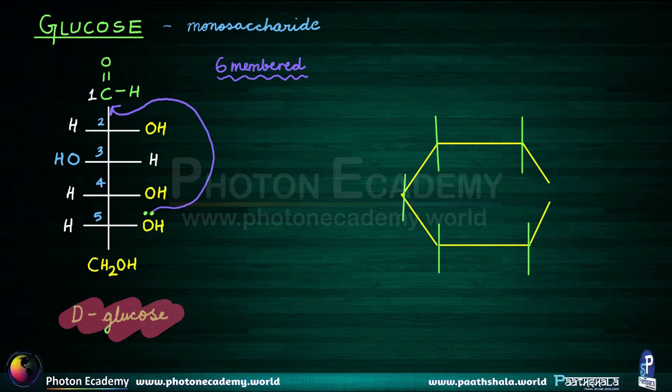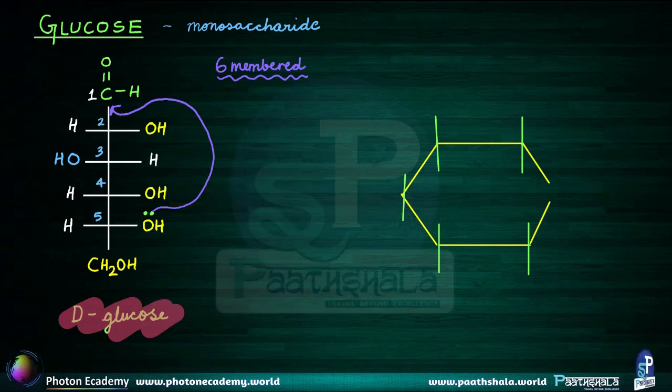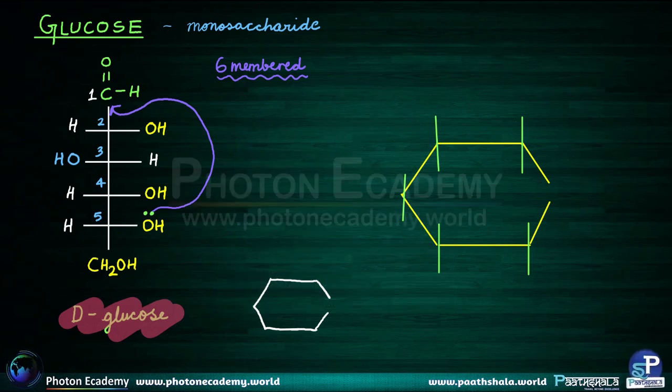So I now make a rough figure of what I'm going to get. I make a cyclic ring with six sides, and I have my O here. This is the sixth member of the six-membered ring.